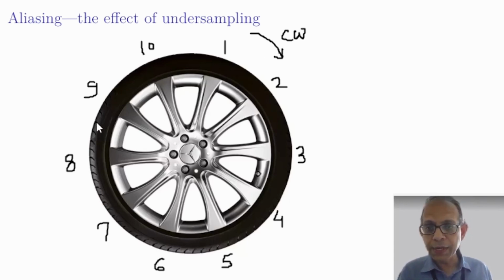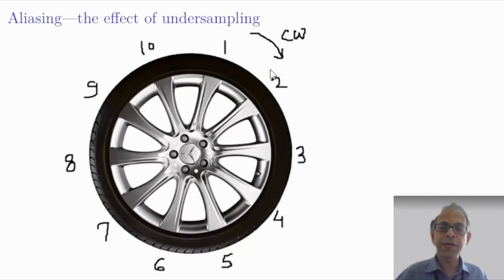We want to study the effect of sampling rate on the movement that we perceive. If we further increase the speed, that is relatively, we now have decreased the sampling rate. After 1, we observe 7, and so on. The wheel still appears to be rotating in the clockwise direction.